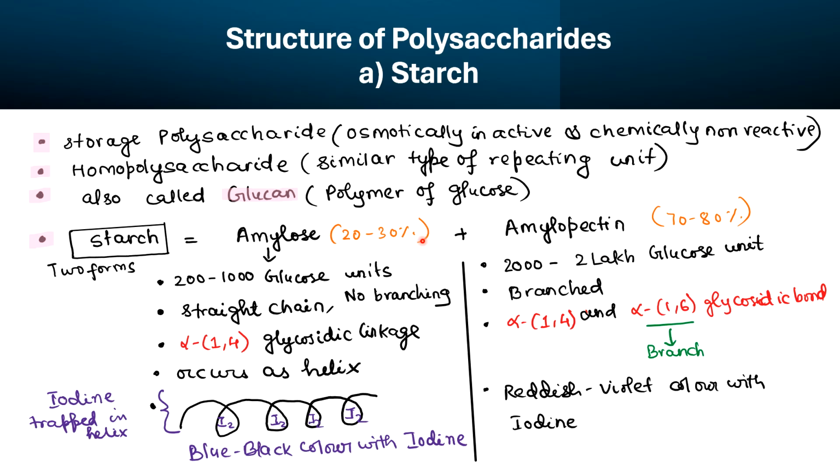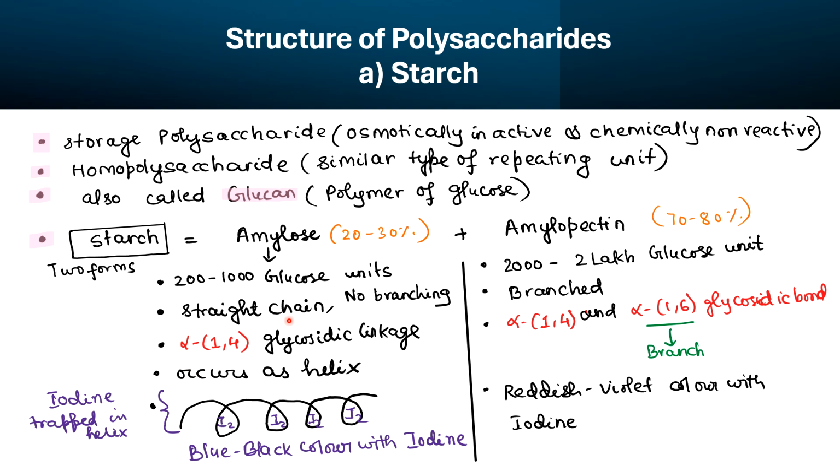Right? Now, amylose is a straight chain, with no branching. The structure is made up of alpha 1,4 glycosidic linkage. What does this mean? The glucose units are connected to each other by alpha 1,4 glycosidic linkage. We saw the structure of maltose, right? We have seen the alpha 1,4 linkage there. So 200 to 1000 units connected by alpha 1,4 linkage form amylose.